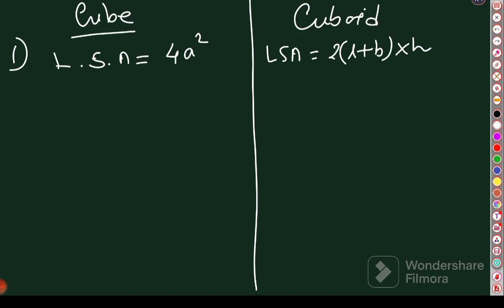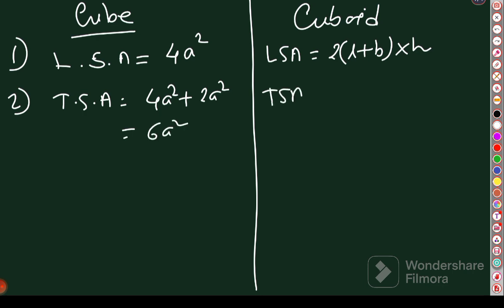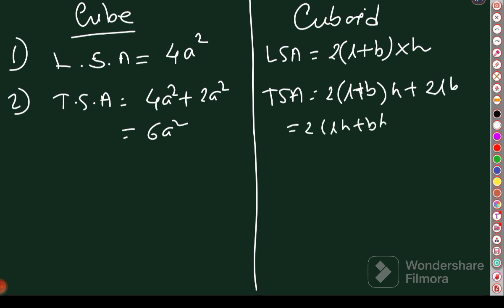This is for the cuboid. Then total surface area: this is lateral surface area plus top and bottom, 6 a square, and here 2 into L plus B, plus 2LB, or 2 into LH plus BH plus LB. All right. Then we discuss the longest diagonal.